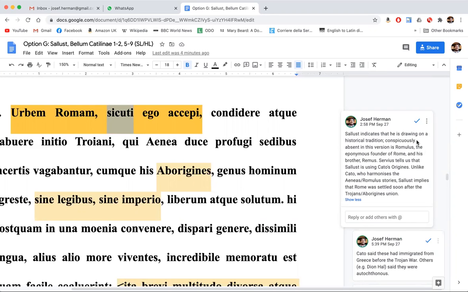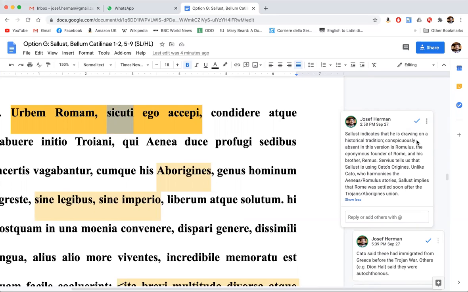But here there is a difference between Sallust and what we know about Cato, because what Cato does is he takes the two foundation stories of Rome, the Aeneas story on the one hand, the Romulus story on the other hand, and harmonizes them. In other words, he fits them together. He makes Romulus a descendant of the Trojan Aeneas.